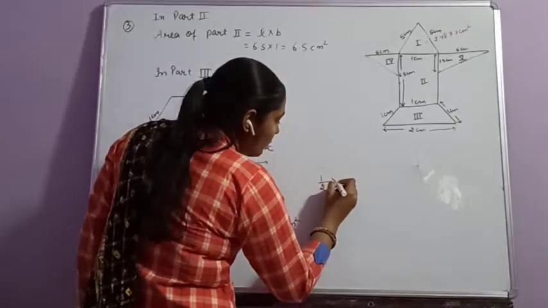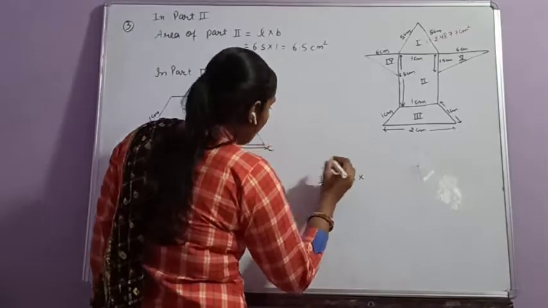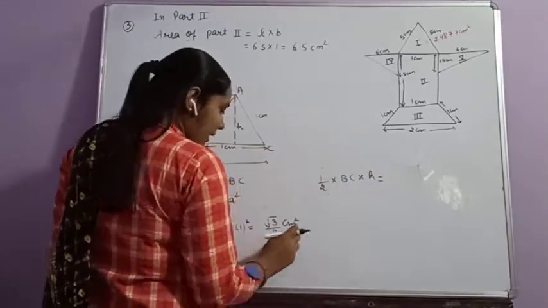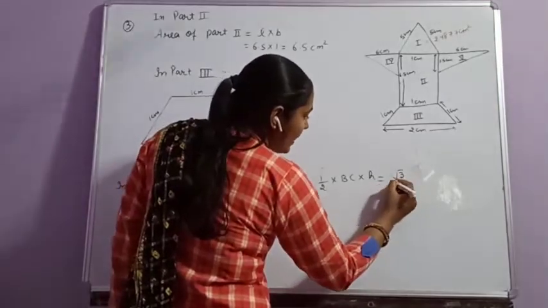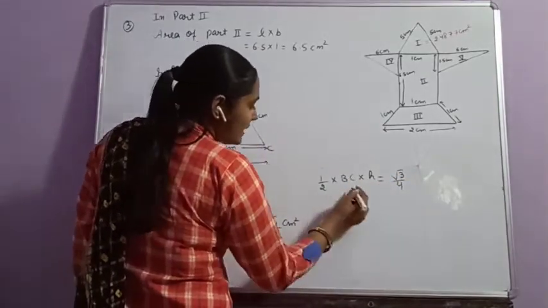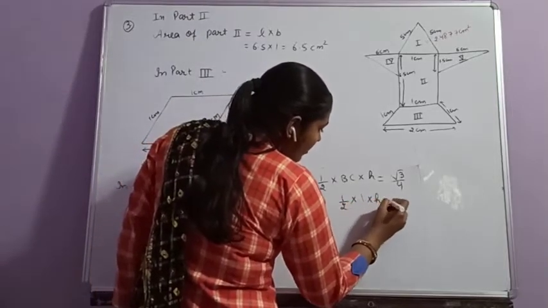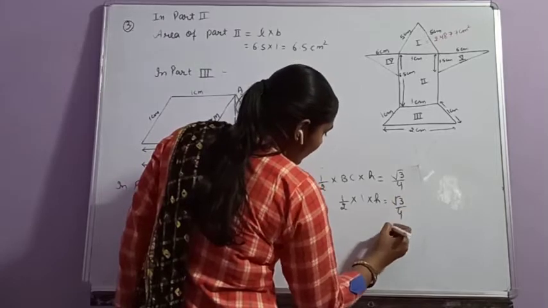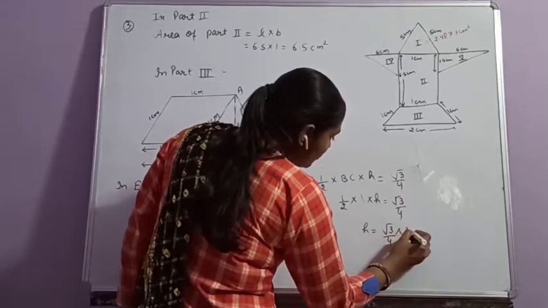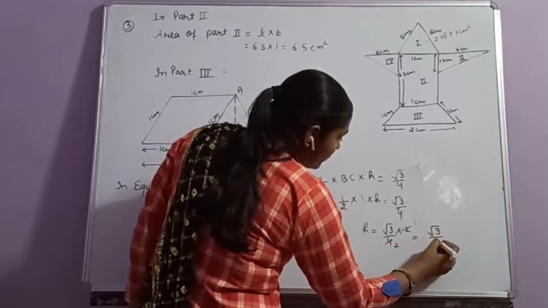Base is BC and height is H. That is equal to the area, which is square root 3 by 4 square centimeter. BC is equal to 1 centimeter. 1 by 2 into 1 into H is equal to square root of 3 by 4. H will be square root of 3 by 4 multiply with 2, that is equal to square root of 3 by 2 centimeter.